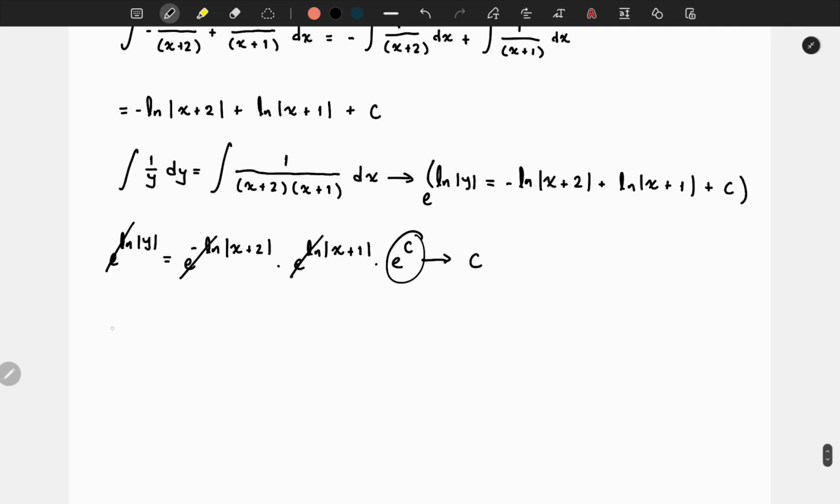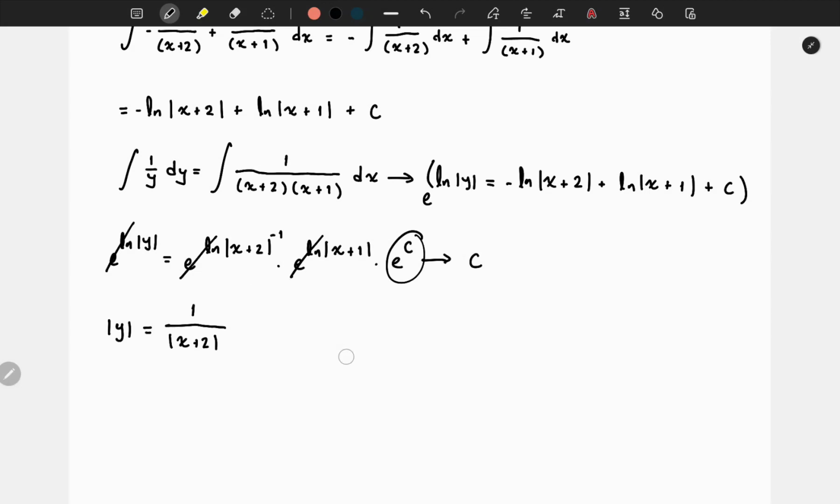And that would leave us with the absolute value of y is equal to 1 over x plus 2, because this negative right here, I should have actually written that, this negative technically is the equivalent of this. And we know that this expression right here is technically 1 over x plus 2.